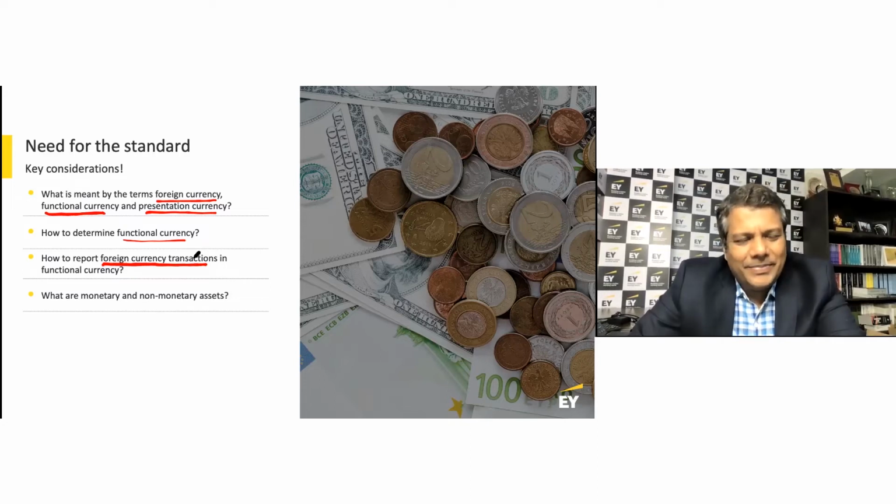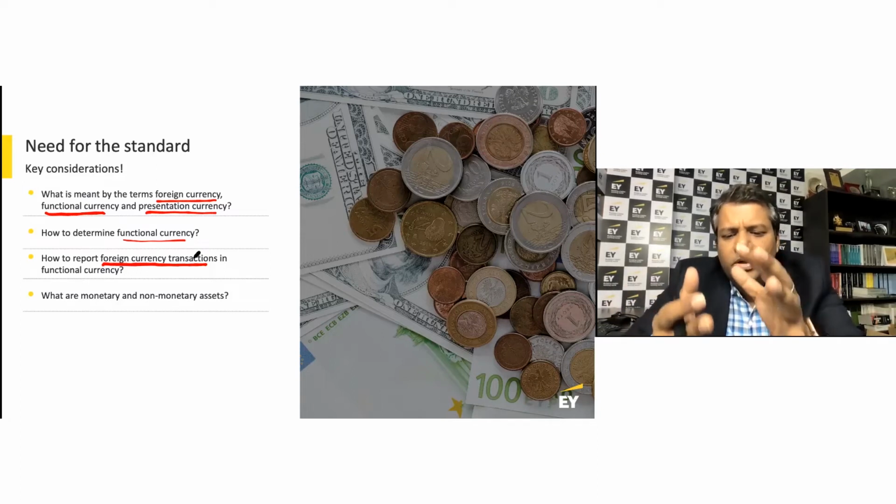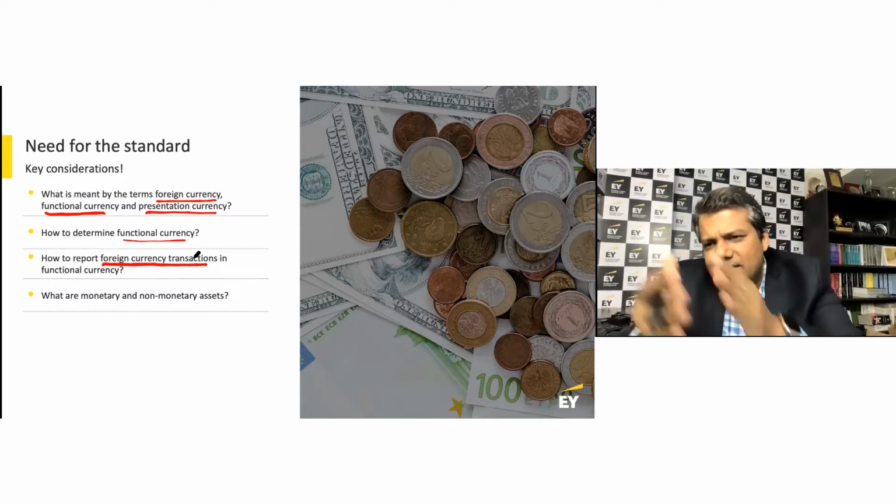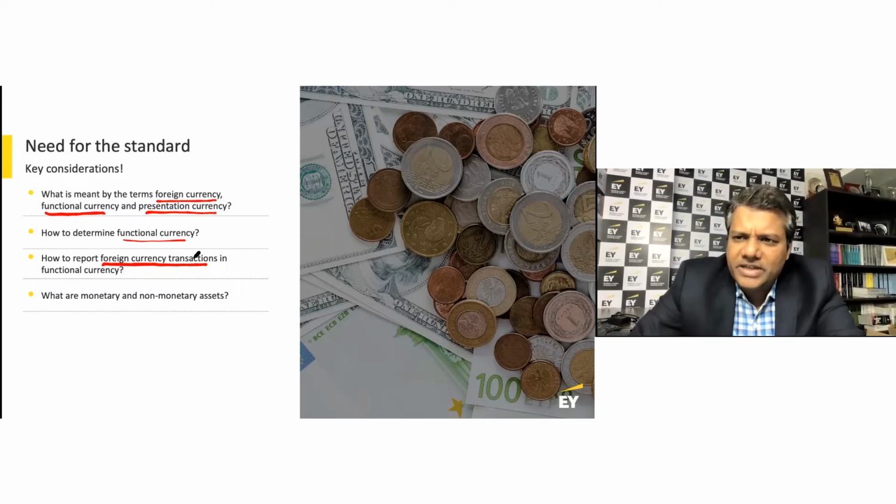But some non-monetary assets, for example, investment in shares, is a non-monetary asset, but it is also a financial asset, okay? So financial assets include all monetary assets and, so to say, equity shares in a way, whereas everything else is a non-financial or non-monetary asset. From that perspective, we will talk about that.